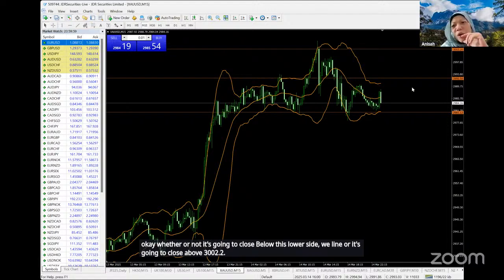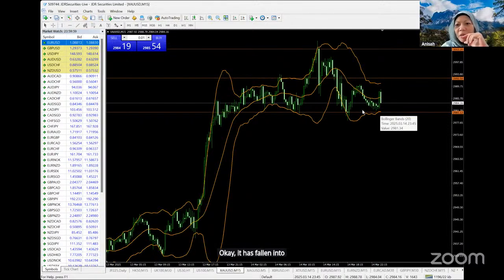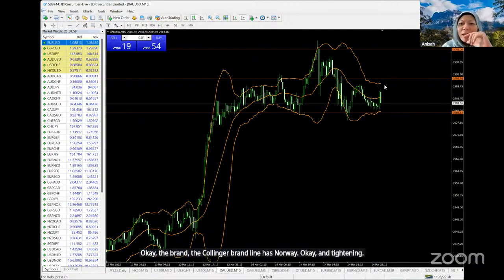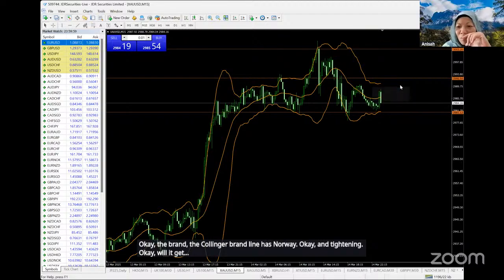It has fallen into sideways a little bit. The Bollinger Band line is narrowing and tightening. Will it get tighter? We've got to see. This is a 15-minute chart here. So we'll see on Monday.